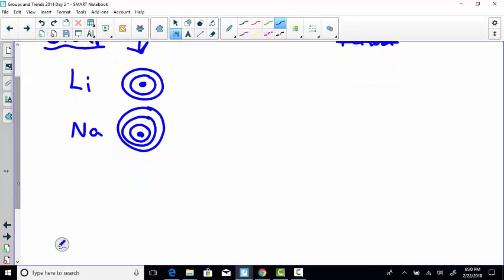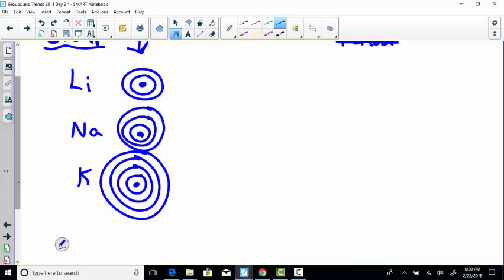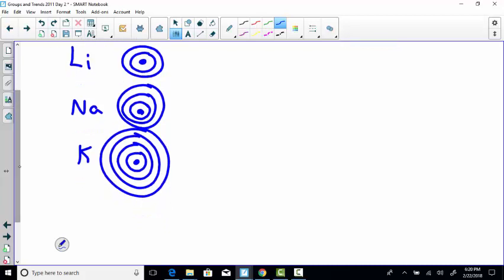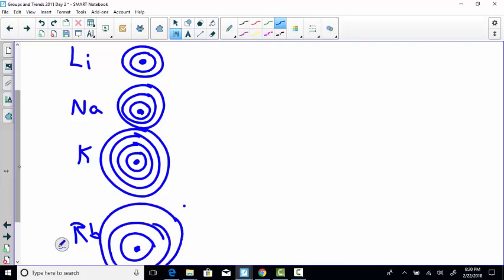I'm going to draw 2 more here. I'm going to draw potassium. It has a nucleus and 4 energy levels. And then let's see if I can squeeze this one in here. I am going to draw rubidium, which has 5 energy levels. 1, 2, 3, 4, 5.